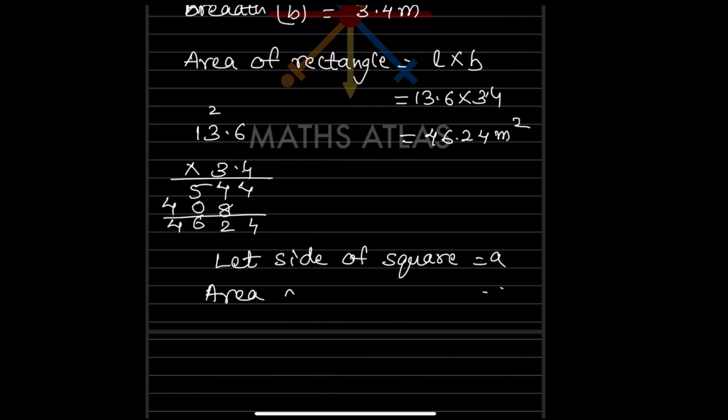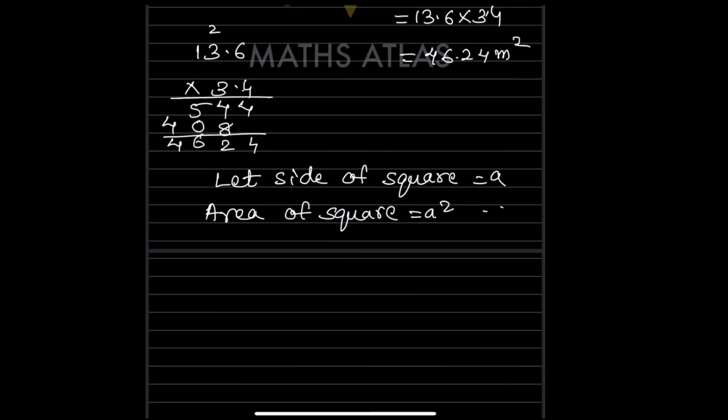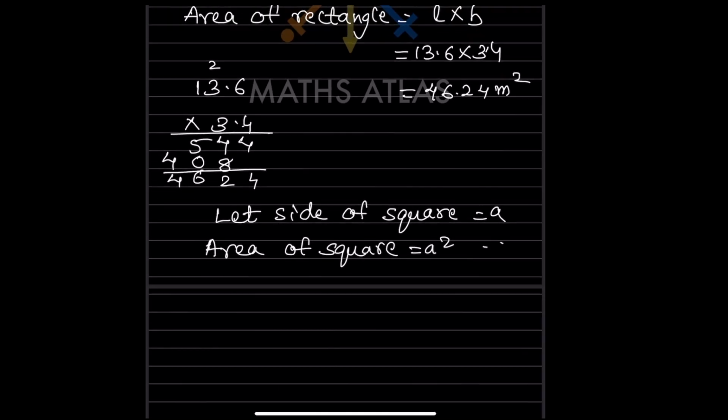The formula is A square. The area of the square is the same as the area of the rectangle, which we already got as 46.24. So we can write 46.24 is equal to A square. So A is going to be, when you take the square root of both sides, root of 46.24.